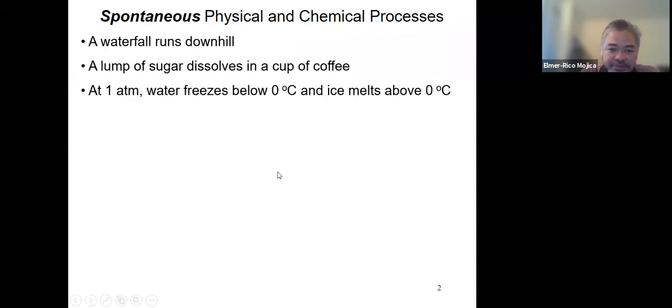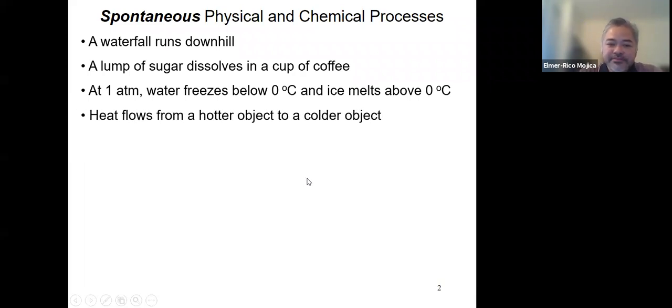The same thing with this one. If you have a temperature below 0 degrees Celsius, the water freezes. But if you put that ice above 0 degrees Celsius, it's going to melt.